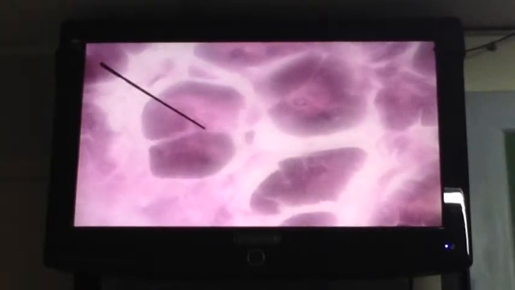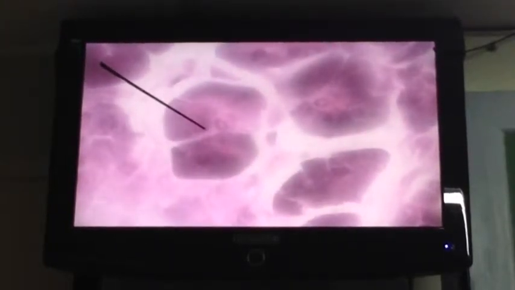So this is part of the duct and not the acini. Okay? The secretion of the acini is the digestive enzymes of the pancreas. Okay? So those are the structures that you have to take a look at.